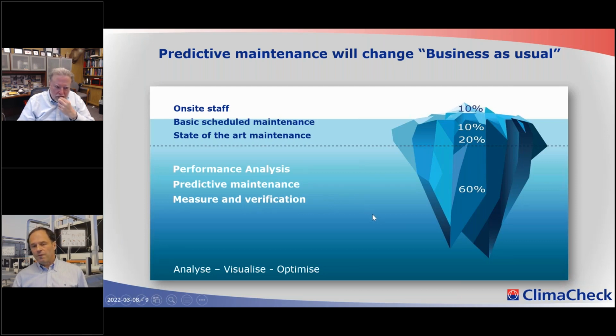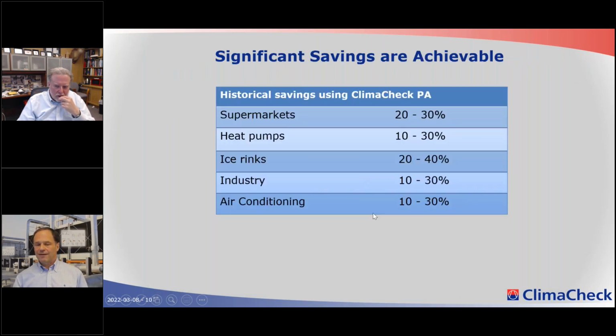So this is where we came from: looking at how the machine works, and then also what it does in the system. We find that there is a huge saving potential. We have experience from thousands of sites, and I would say that between 10 and 40% savings are possible.